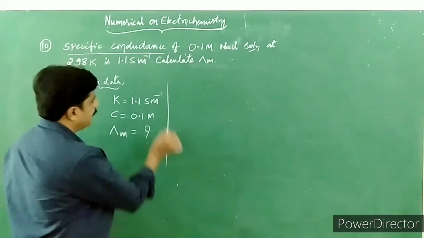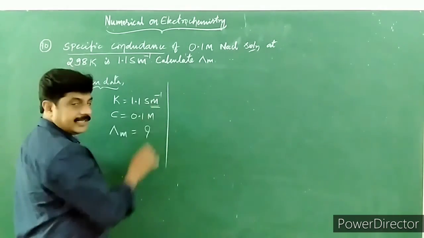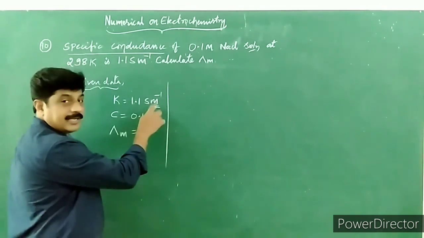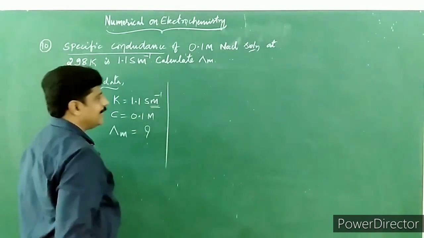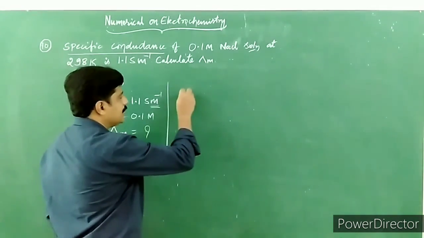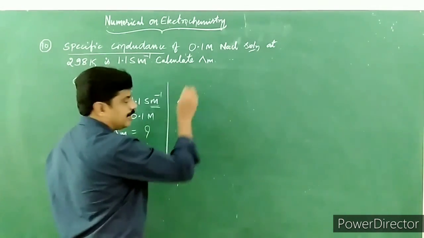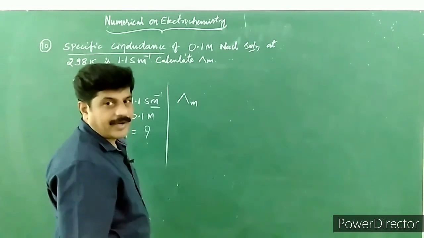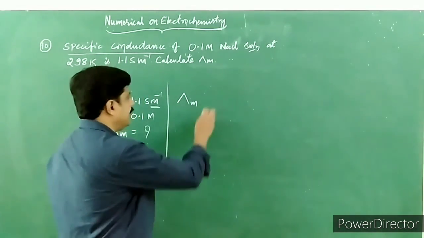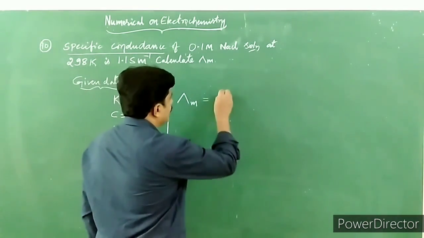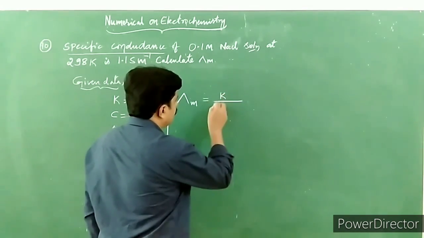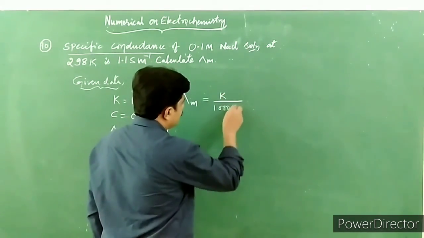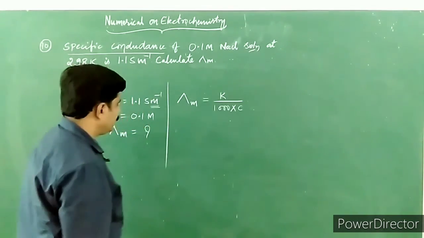Children, look at here. In the conductivity, the unit is Siemens per meter. So that is why you should be very careful while choosing the expression for finding the molar conductivity. Lambda m is equal to K upon 1000 into C. What are they asking?